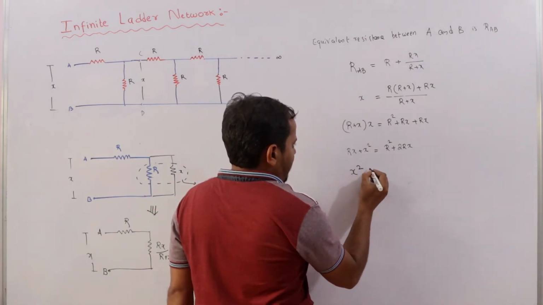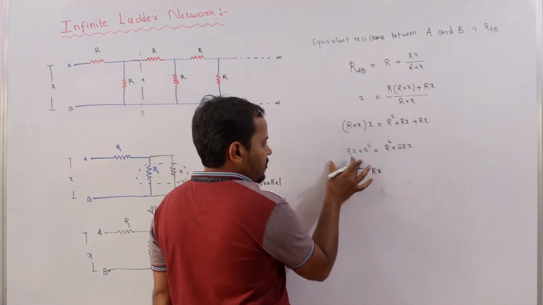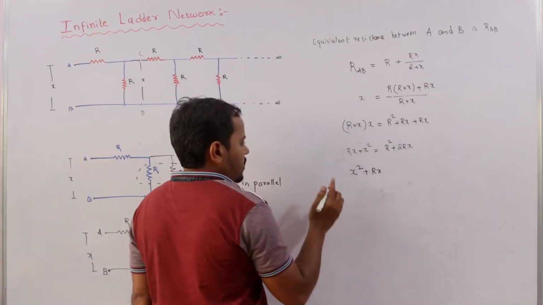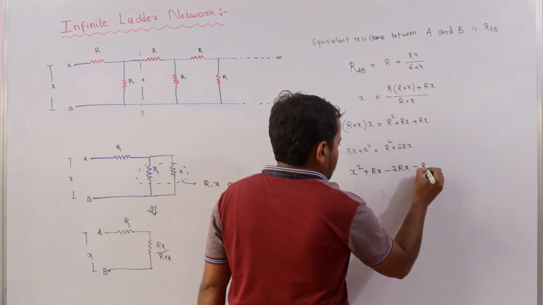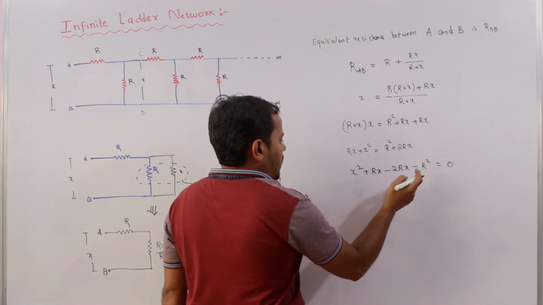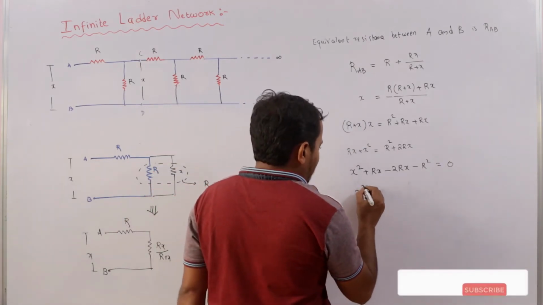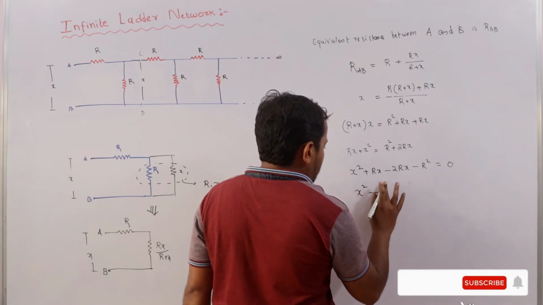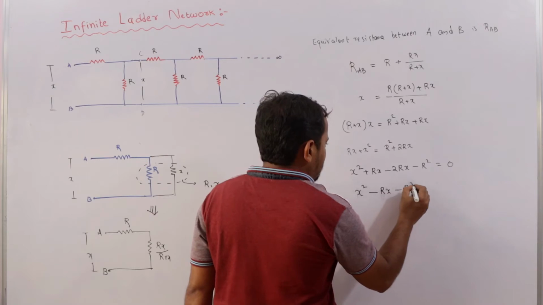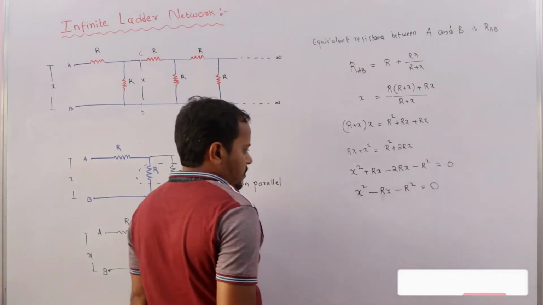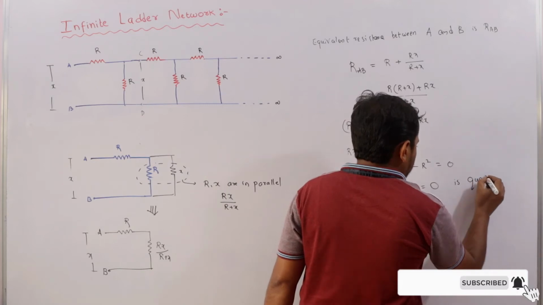The RHS terms are also written on the LHS, so they become minus 2RX minus R square. If you simplify it, you will get X square minus RX minus R square is equal to 0. This is like a quadratic equation.